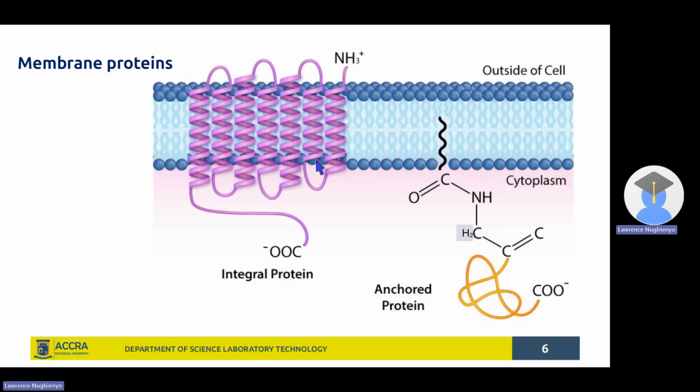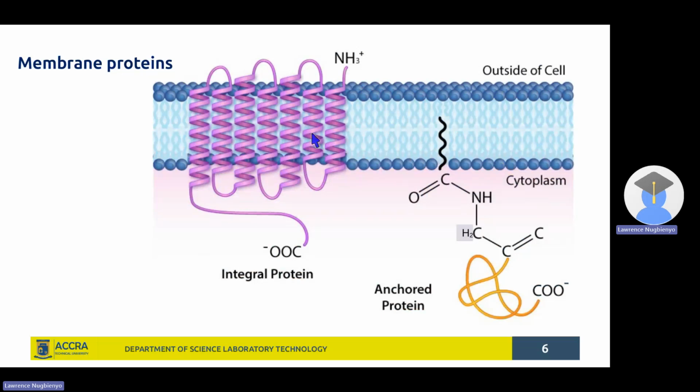You can also take a look at the integral proteins. We will see different types of even these integral proteins. But this is just to depict one of them, where you have a protein which is folded several times. So you have these several portions of the protein which are embedded in the lipid bilayer.